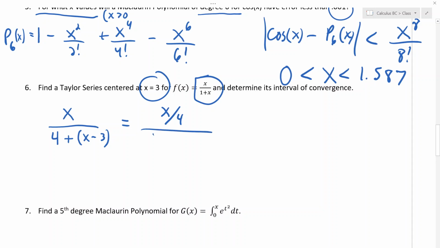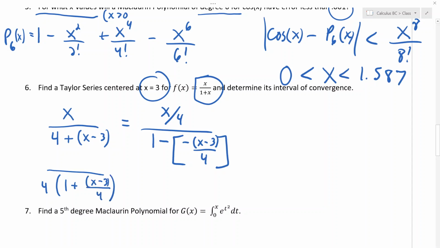So this is really x over 4 over 1 minus negative x minus 3 over 4. You all see what I'm doing? I'm taking a 4 out of the bottom, which makes it this. Dividing by 4 is the same thing as putting a 1/4 up top, and I'm making that plus into a minus a negative, basically.